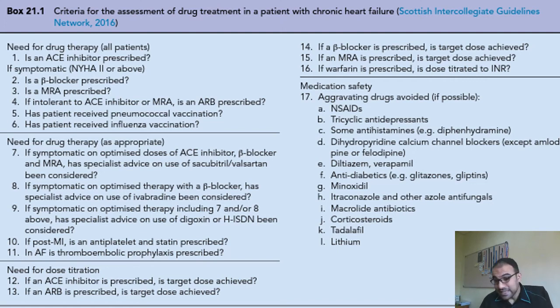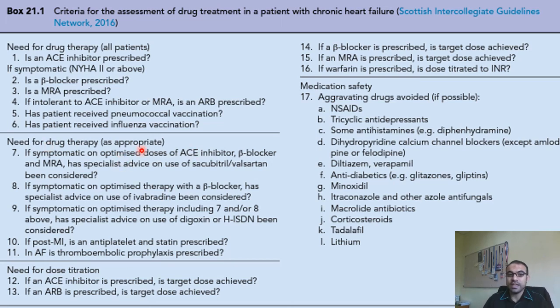So in this table, one of my preferred tables for the stepwise approach to assess the drug therapy. First of all, screening the patient for eligibility for receiving this medication, whether they need it or not. So you ask, maybe this patient is a candidate for ACE inhibitor, beta blocker, MRA, and all these medications. This is the first domain. The next, the need of drug therapy as add-on as the patient symptoms persist.